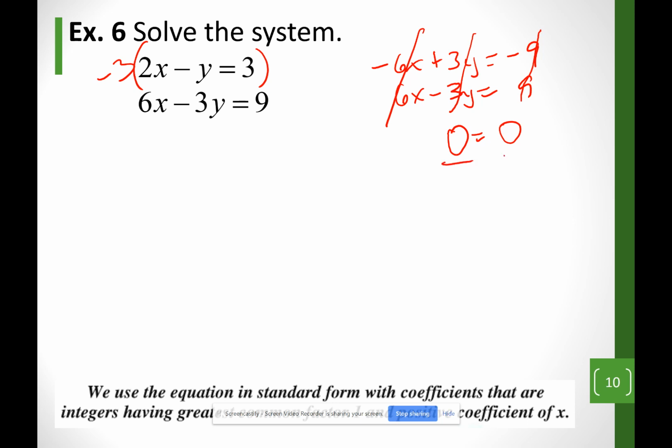If my numbers are the same, 0 equals 0, then I'm going to call this infinitely many solutions, which just means many solutions. There are going to be many, many numbers. If I was to graph these, they give me the same line. So basically, every point where they intersect is a solution.